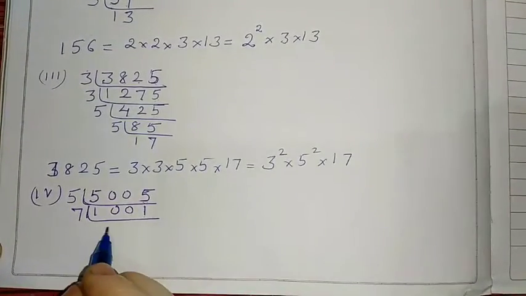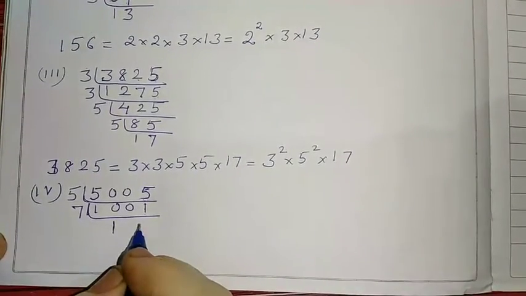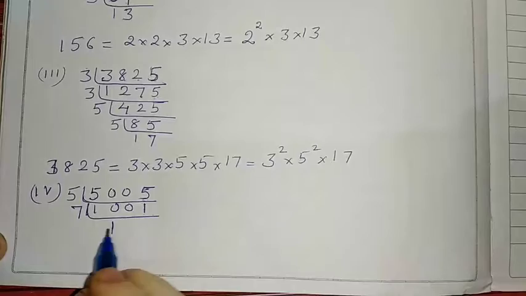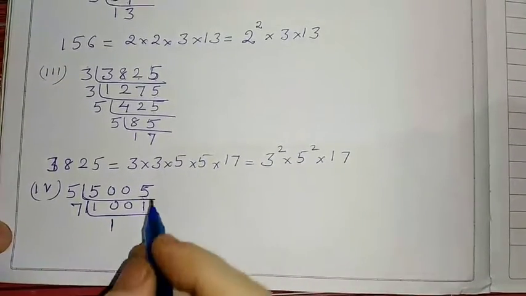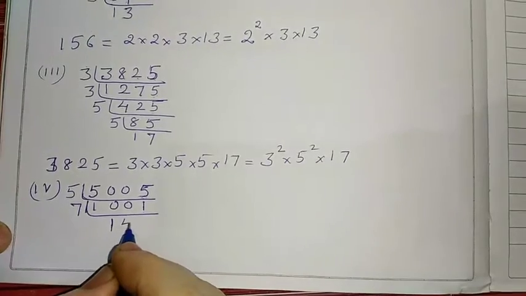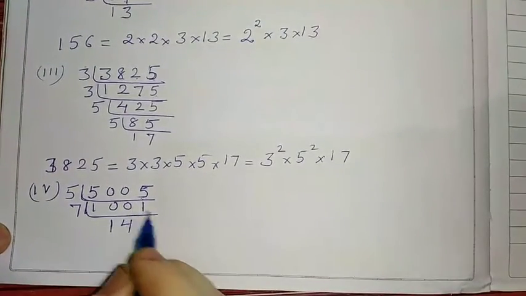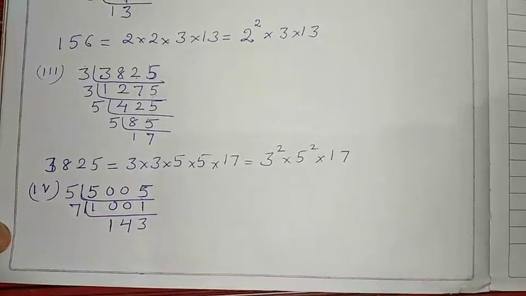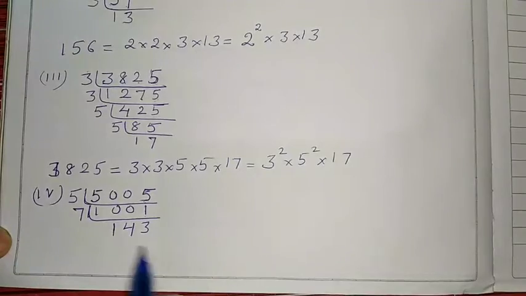7 ones are 7. 7 fours are 28, and then 7 threes are 21. This is divisible by 7.